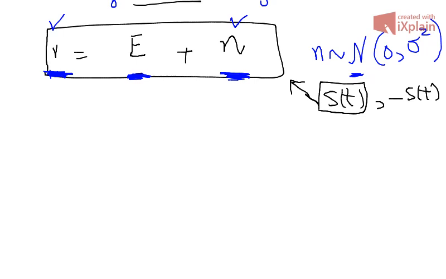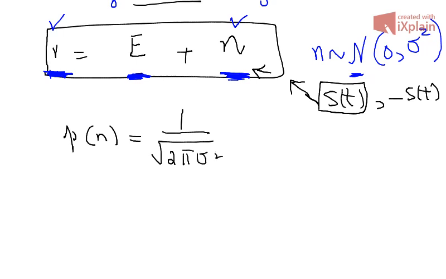Now we would be interested in finding out the PDF of R, right? The PDF of R, and we are given the PDF of N. So from your knowledge of additive white Gaussian noise channel, the PDF of N is given, right? So let me specifically write the PDF of N. The PDF of N is 1 over square root 2 pi sigma square, e raised to the power minus n square over 2, because sigma square is unity.